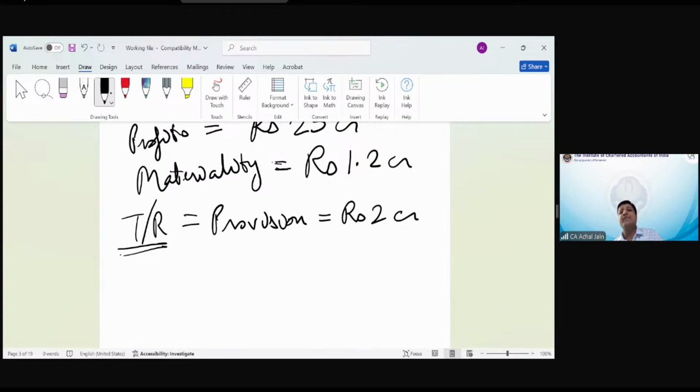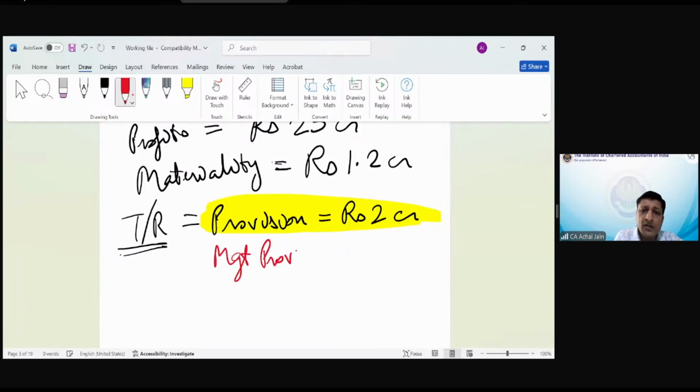So auditors believe that an amount of rupees 2 crore should be provided in respect of trade receivables. That's the assessment conclusion. Management is saying 0, so management's provision is nil.